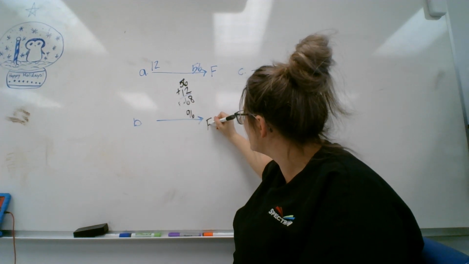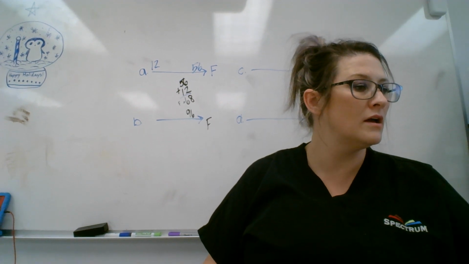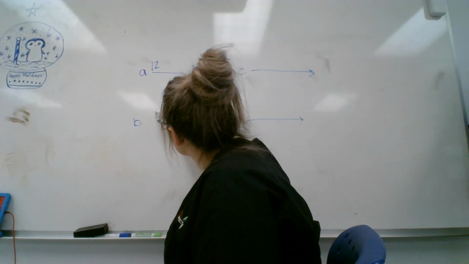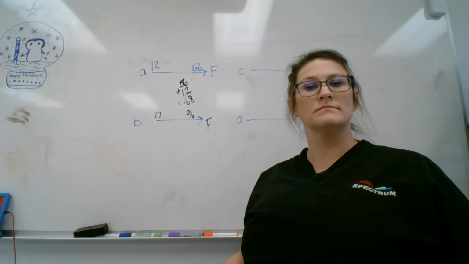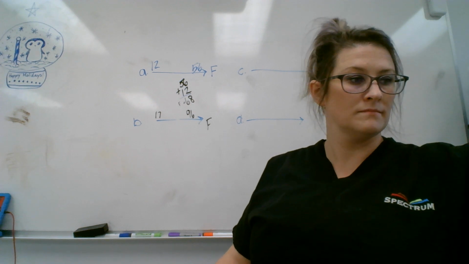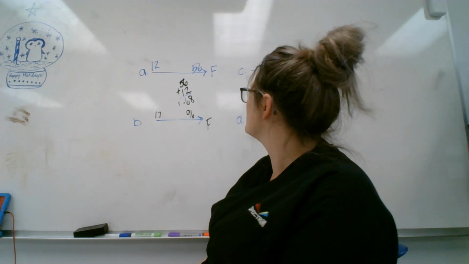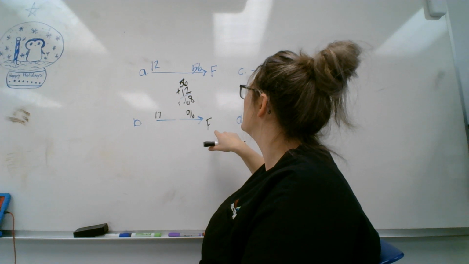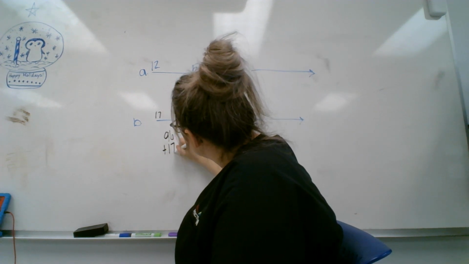And F is my big number, so it goes here. My difference number for B was 17. All right, so now we have enough information to solve this problem. I have to find F. Remember, if I have my 2 small numbers, I can add to get my big number. 96 plus 17.